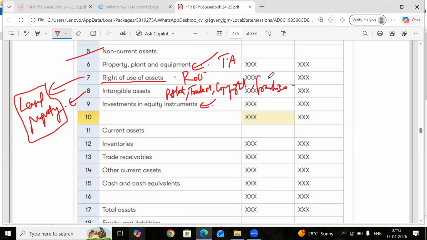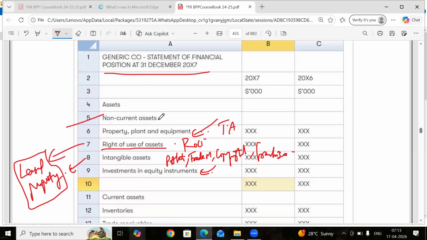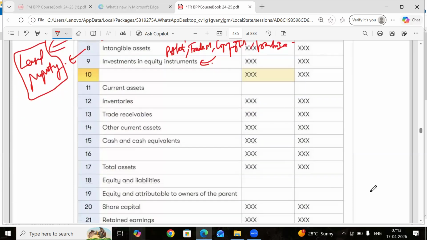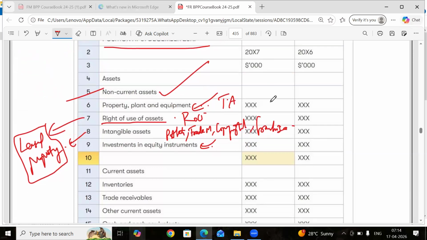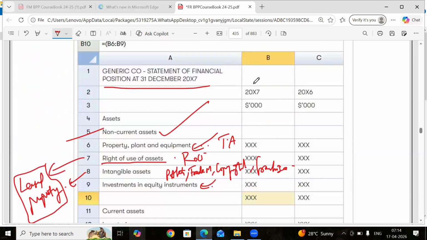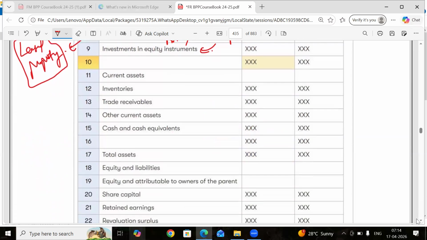So long-term investments come under non-current assets. Current assets give you economic benefits within a year. See, these are the current year amounts and the previous year amounts for comparison. It is very important, because if you are giving retrospective application, then it's also important.